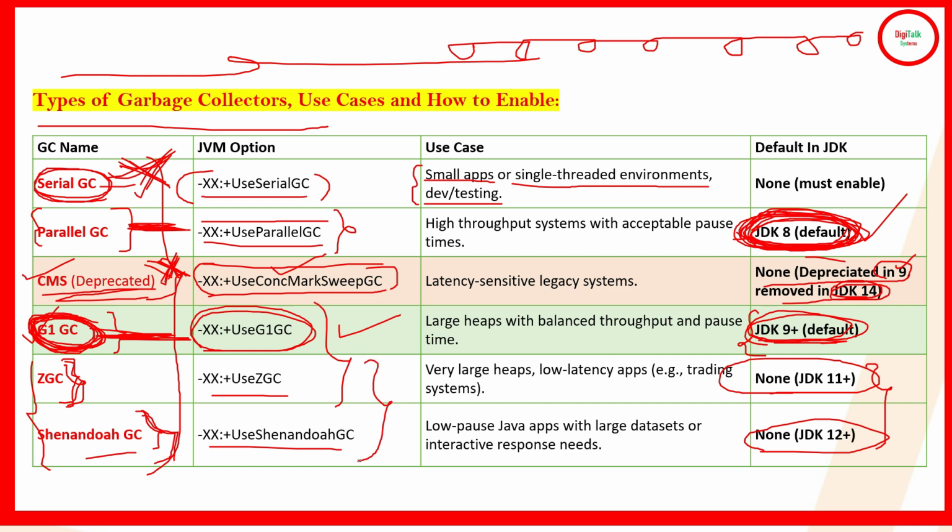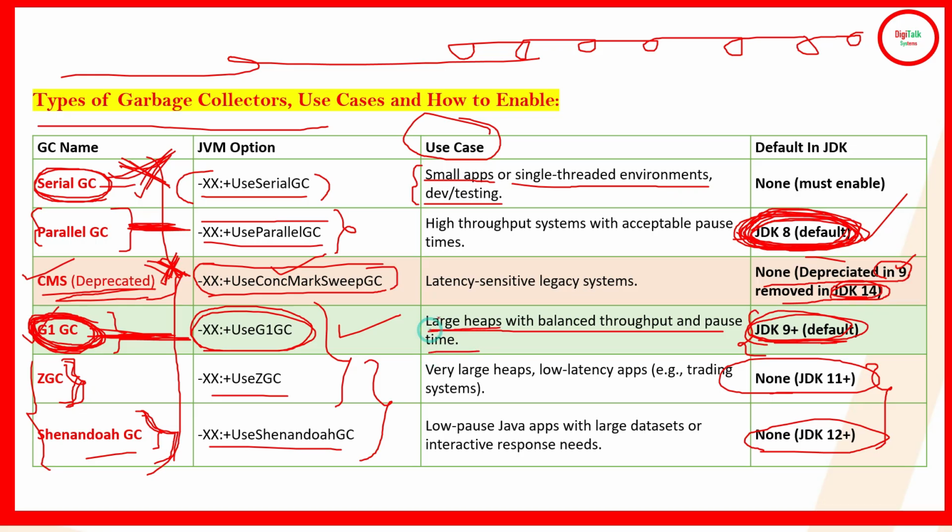Now, the different conditions for applying these are mentioned in the use case scenarios. Specifically, G1 GC, which is the default from 9 onwards, is for large heaps with balanced throughput and pause time.